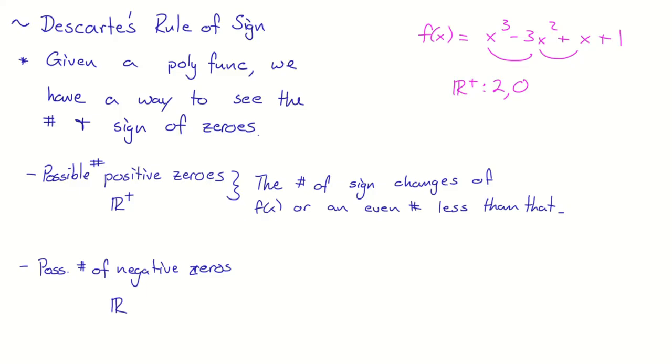Real numbers? Negative. Okay, for this one, it is going to be everything the exact same with one minor change. We are going to look at the number of sign changes of f of negative x, or less than this by an even number, or an even number less.